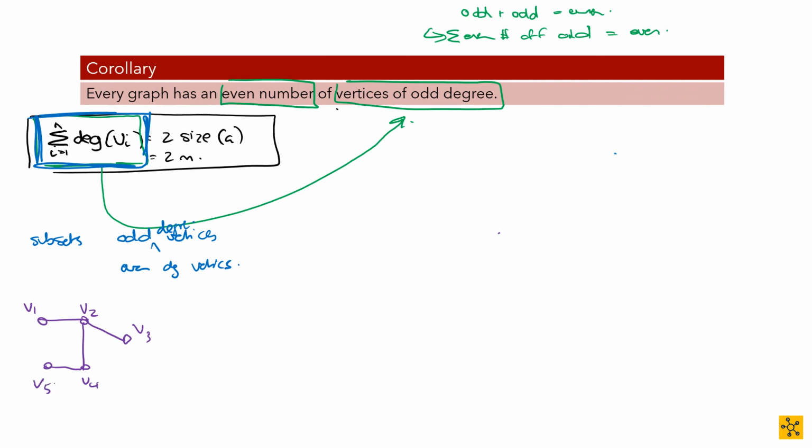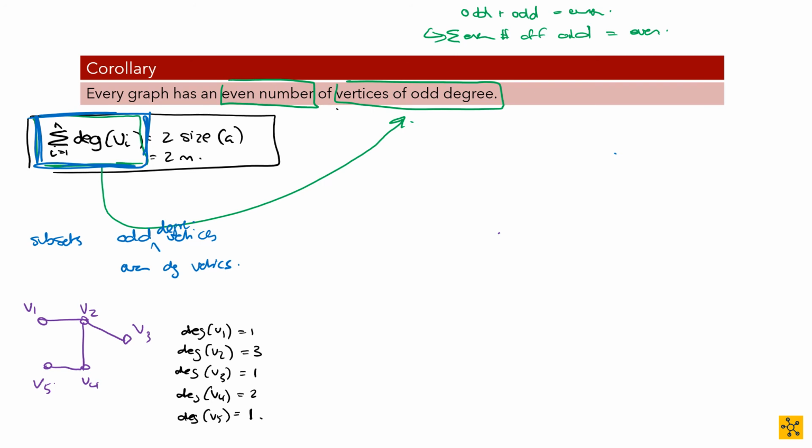We can relabel it. So let's first investigate it: the degree of V1 is 1, the degree of V2 is 3, the degree of V3 is 1, the degree of V4 is 2, and then the degree of V5 is 1.